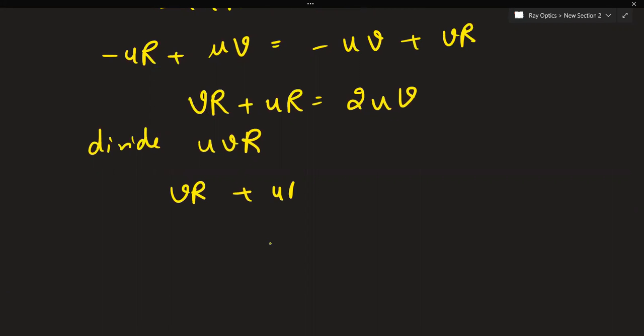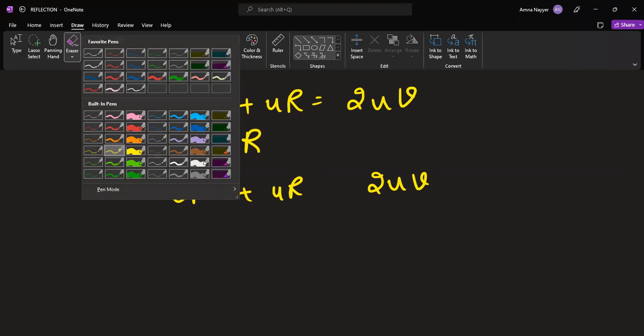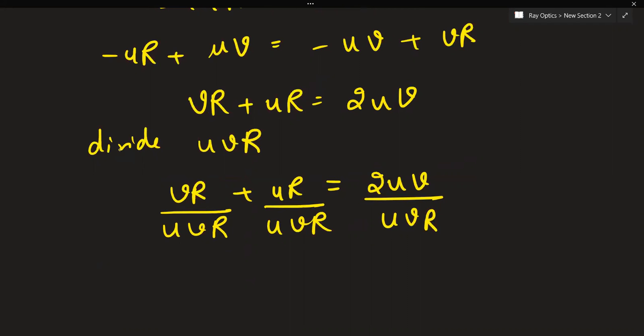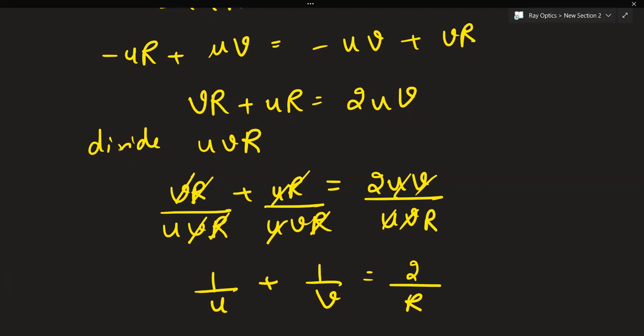VR plus UR is equal to 2UV, divided by UVR on both sides. What is left? V gets cancelled, R gets cancelled. U gets cancelled, R gets cancelled. UV gets cancelled. Here 1 by U is left. From here 1 by V is left. From here 2 by R is left.